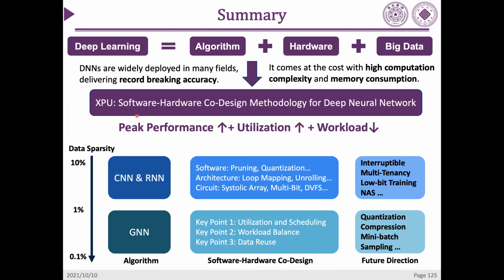So we talked about the software-hardware co-design methodology for deep neural network design, which is that you need to improve the peak performance of the chip, improve the utilization of your chip, and lower the workload needs by different technologies. So we talked about convolutional neural networks and recurrent neural networks at different levels, such as software level, architecture level, and circuit level techniques.